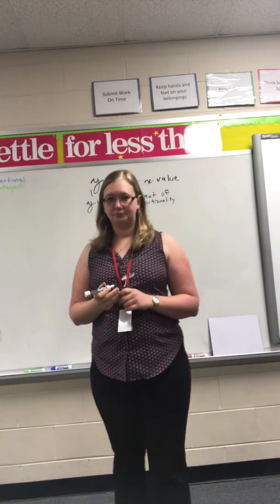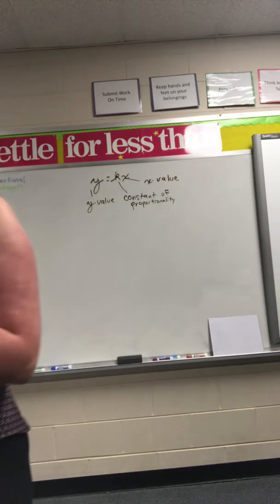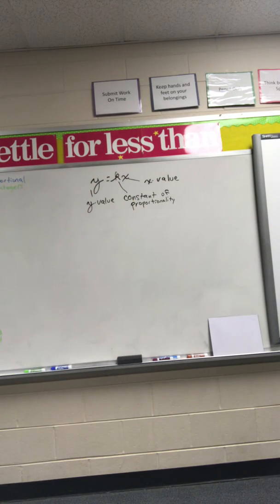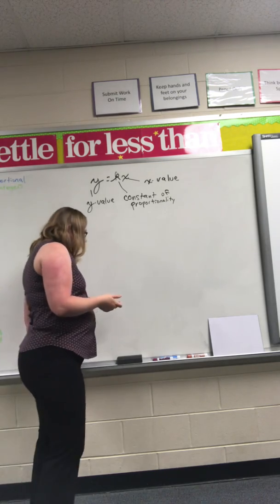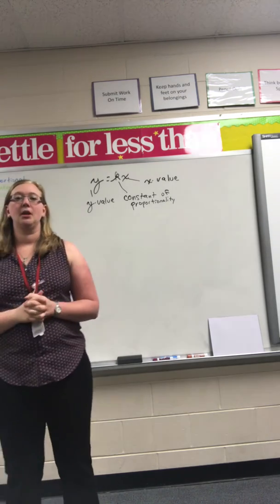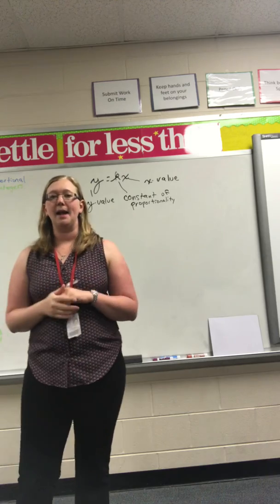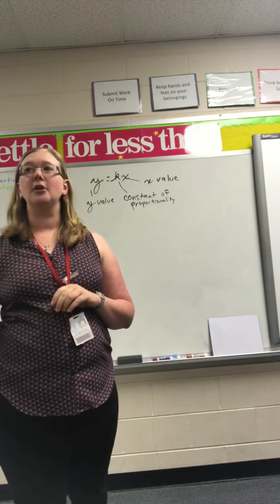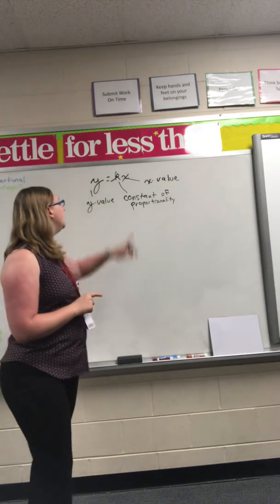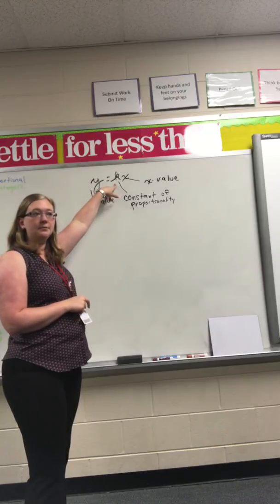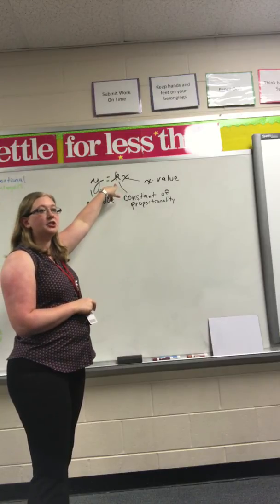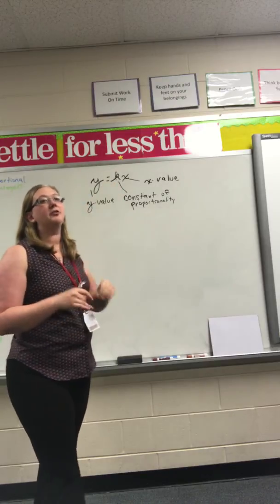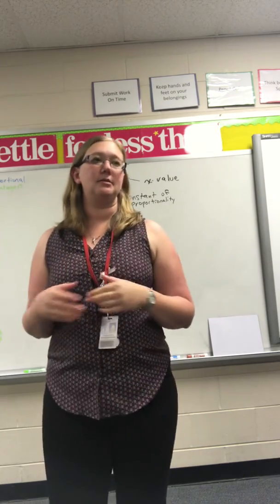Now, in the examples that were given and what we are asked to find, one of two things may happen. The first thing that may happen is that we are given the constant of proportionality in a situation as a number, and we have to figure out what that represents.